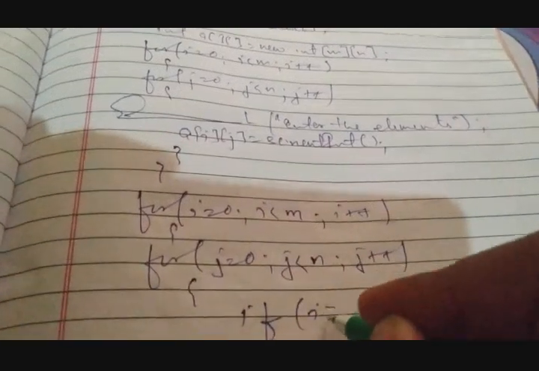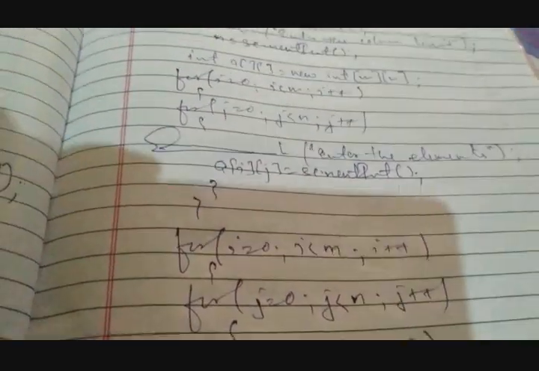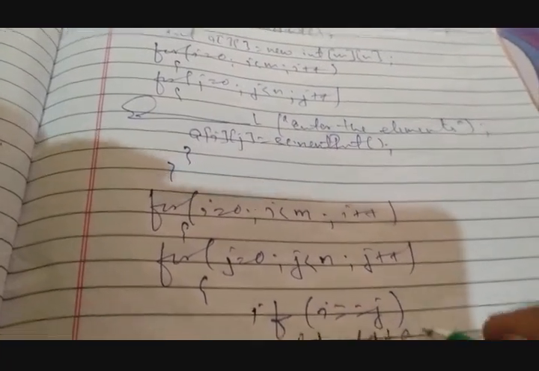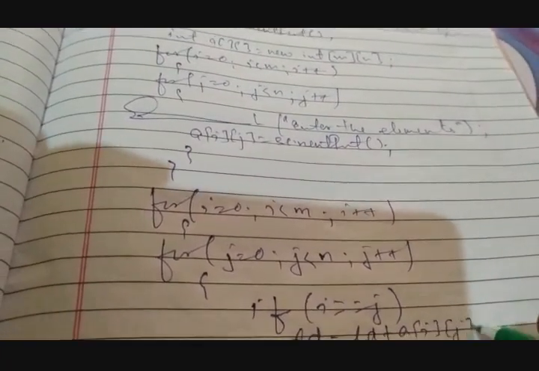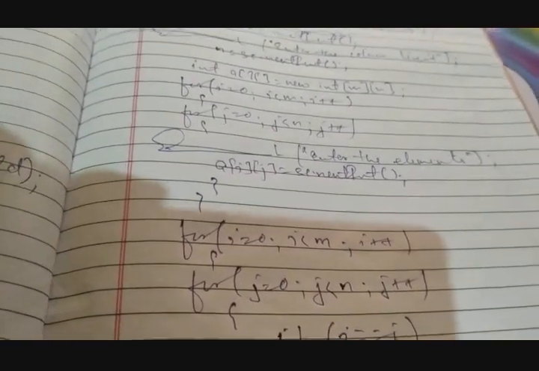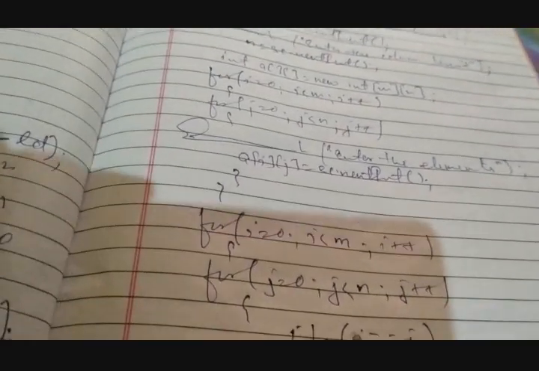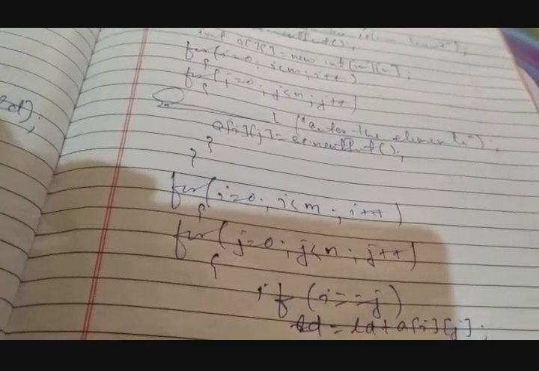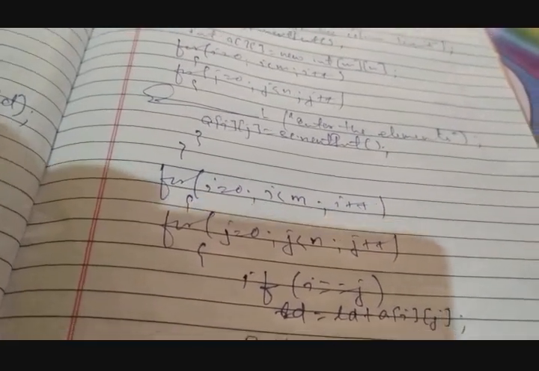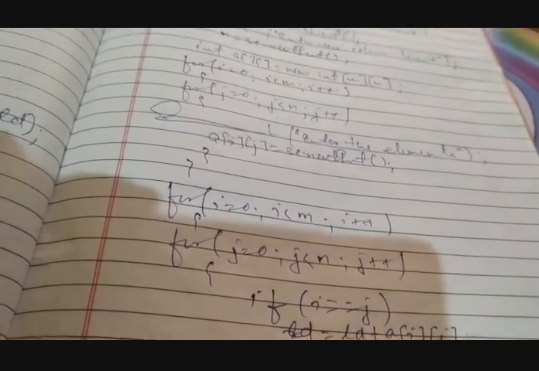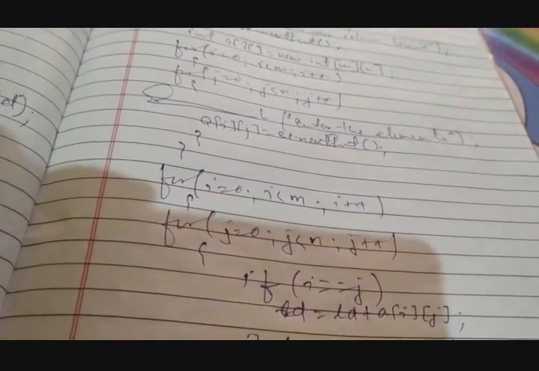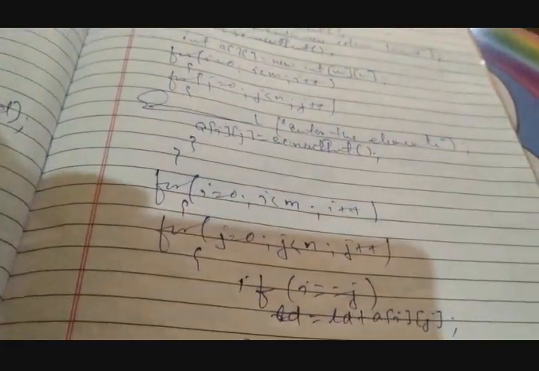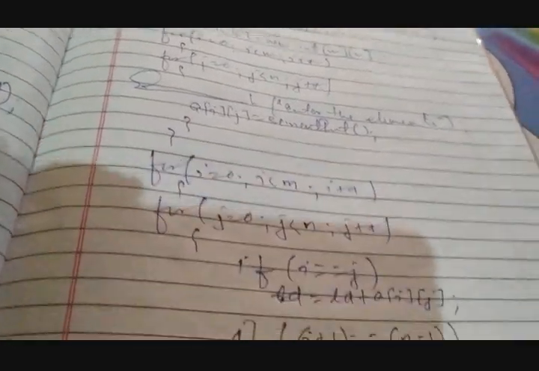If i equals j, then left diagonal ld equals ld plus a of i j. This is one. If i plus j equals n minus 1, then rd equals rd plus a of i j. This is what is done here.